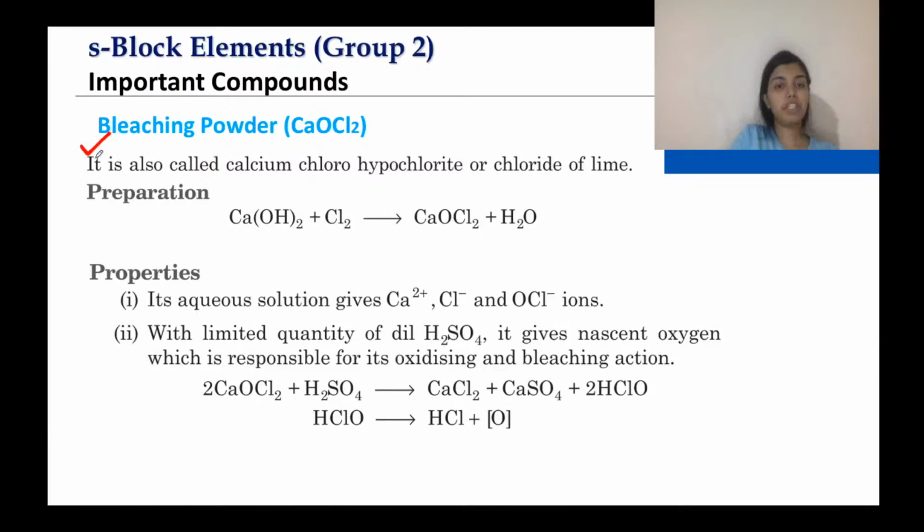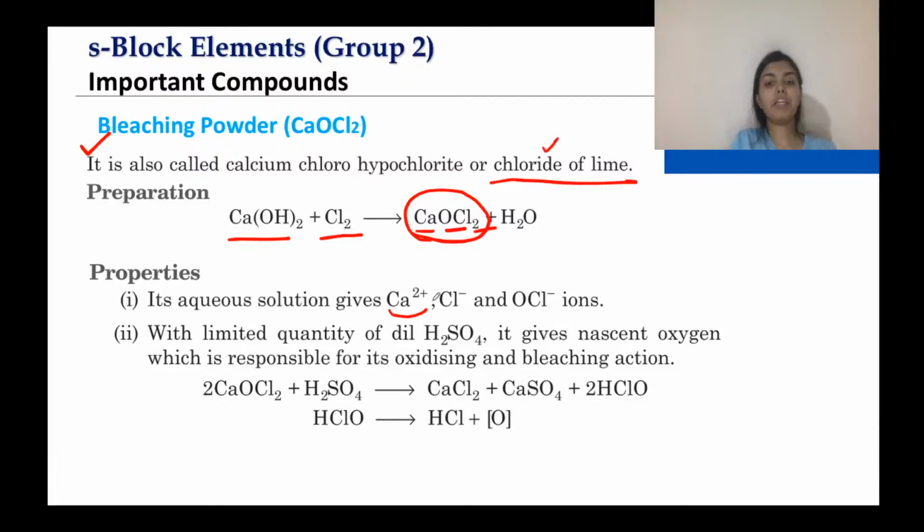Next is bleaching powder. Calcium oxychloride is known as bleaching powder, or also known as chloride of lime. So its preparation is that calcium hydroxide plus chlorine will give you calcium oxychloride. When you dissolve it in water, it will give you Ca2+, Cl-, and OCl- separately.